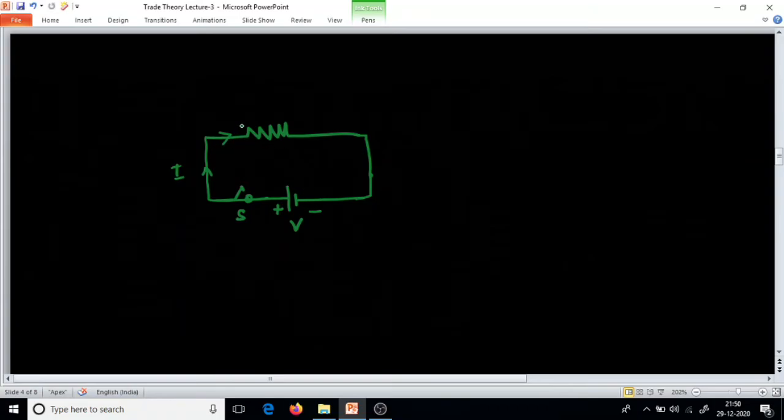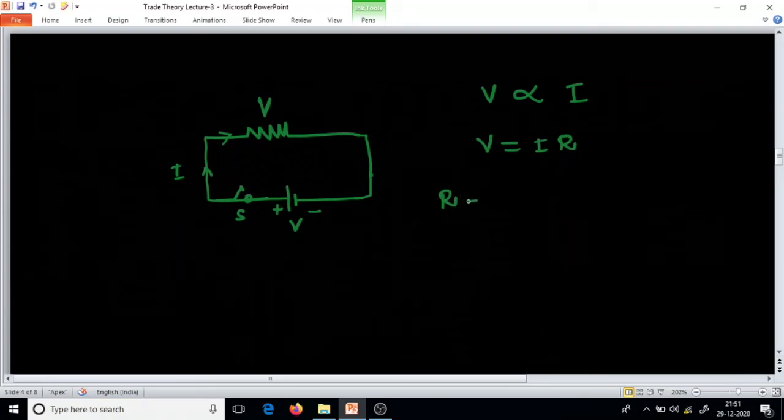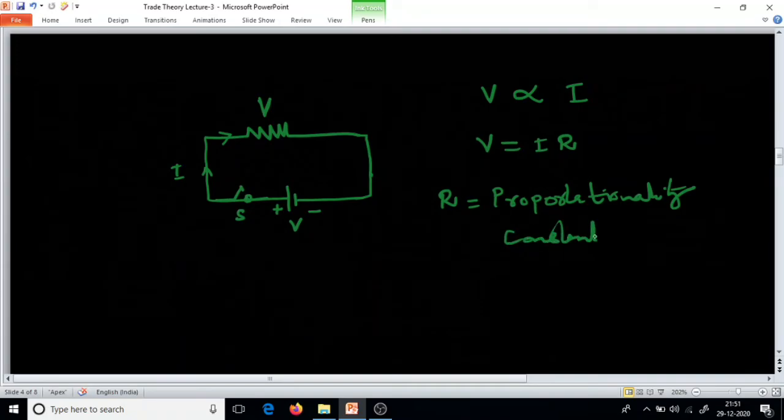Now, as per Ohm's law, the voltage developed across the resistor is directly proportional to the current flowing through it, and V equals I into R. R is the proportionality constant, that is the resistance. The resistance remains the same. So as per Ohm's law we can write V.